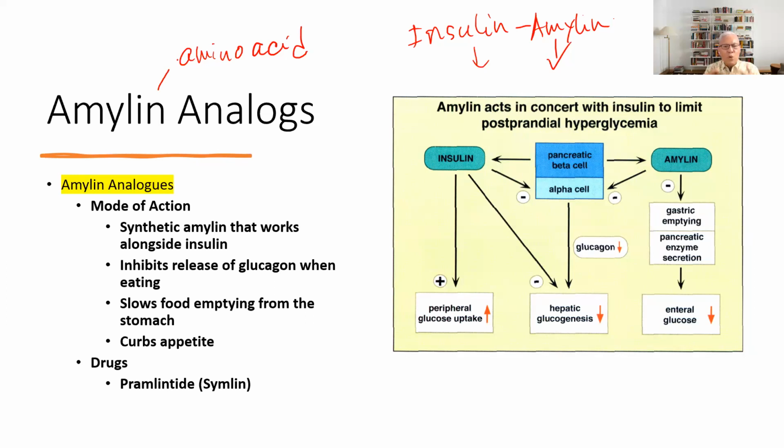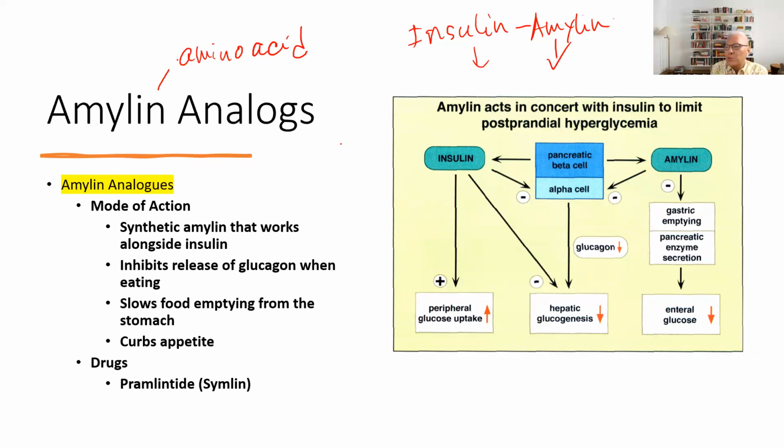So if you slow down the emptying of food from the stomach, it helps to prevent blood sugar levels from rising too much after eating. These medications generally make people feel full longer, which can contribute to weight loss, which is also a good thing for use in diabetics who are also overweight or obese.